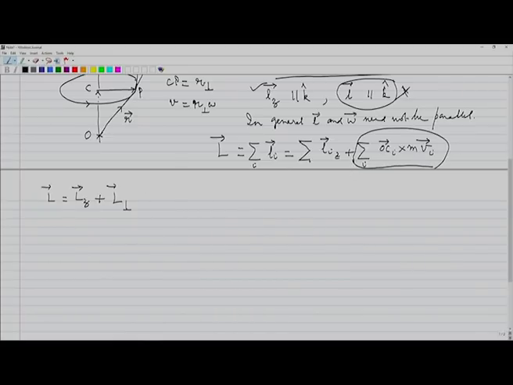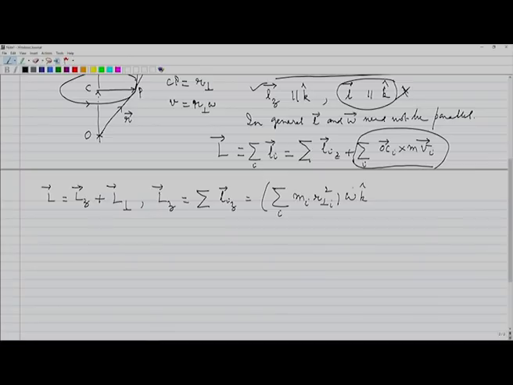So L perpendicular is the other quantity which is encircled. Let me write this L z vector. L z is equal to the sum over all m i r perpendicular i squared times omega k.